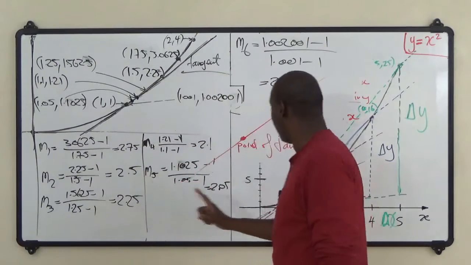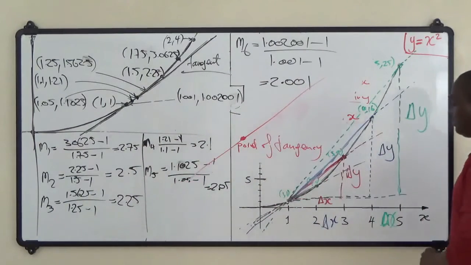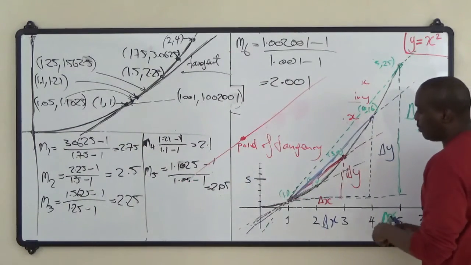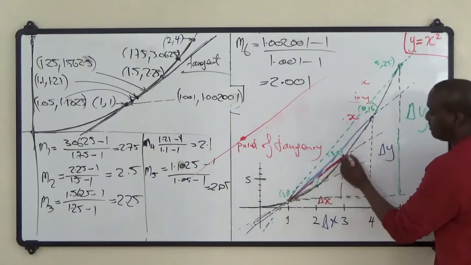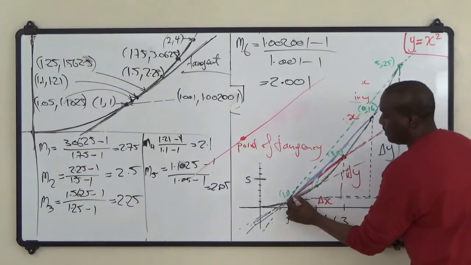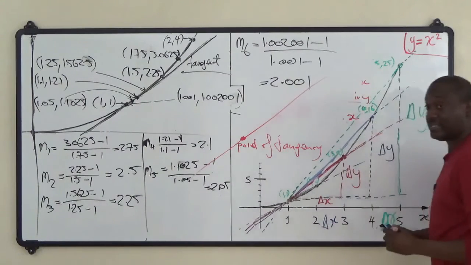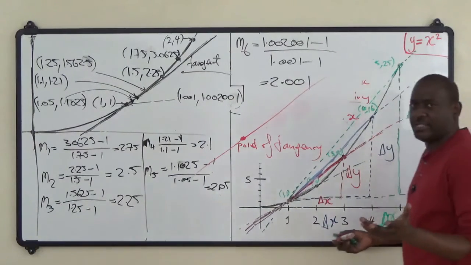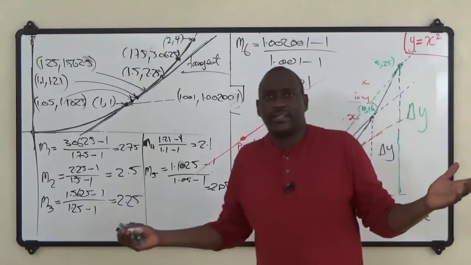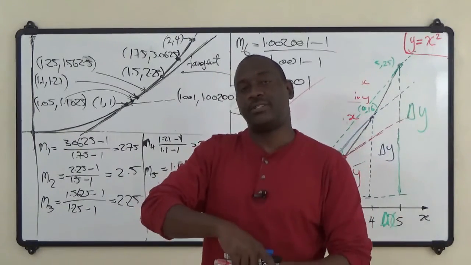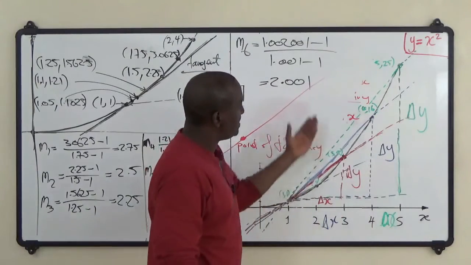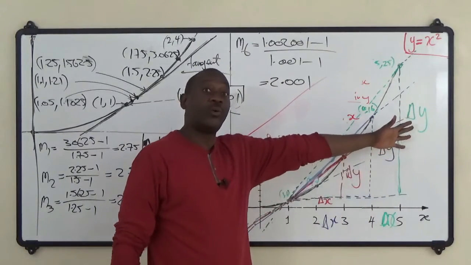Because we established over here that the gradient of the chord was equal to the gradient of the secant line, because the chord was part of the secant line. So if the chord is part of the secant line, then the gradient of the chord must be equal to the gradient of the secant. Or in reverse, we can say that the gradient of the secant is the same as the gradient of the chord.